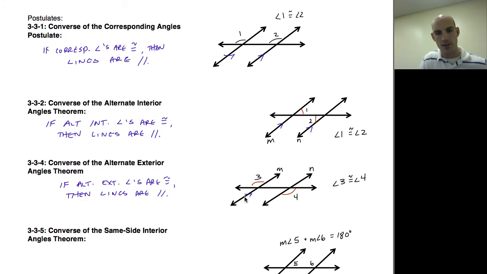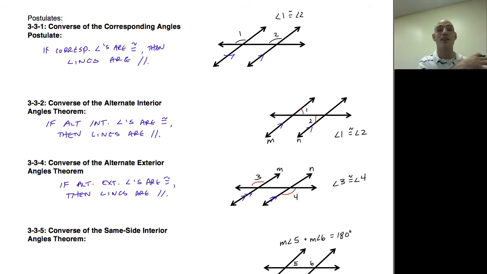So we can now say that these are parallel, and I'm marking them with arrowheads, as you know. But how many pairs have to be congruent? Just one. There are two sets of alternate exterior angles, two sets of alternate interior, and 4 sets of corresponding angles, but just one of them has to meet this criteria in order to prove that lines are parallel.